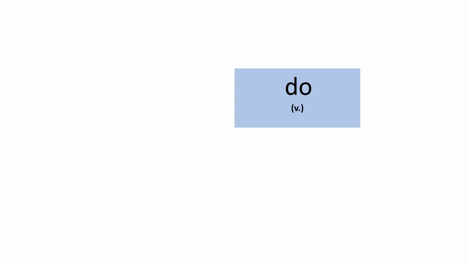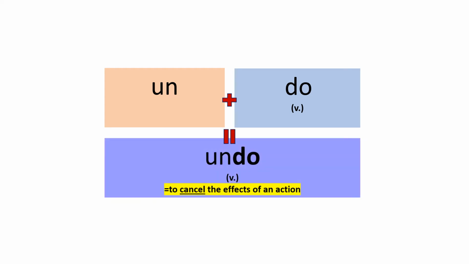Now, let's take a look at how the root word is changed after we add a prefix or a suffix to it. When we add the prefix un to the verb do, the meaning of it changed. Undo means to cancel the effects of doing something.